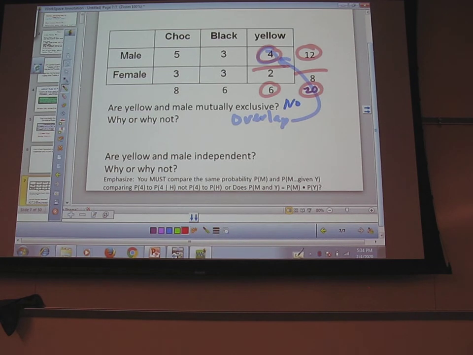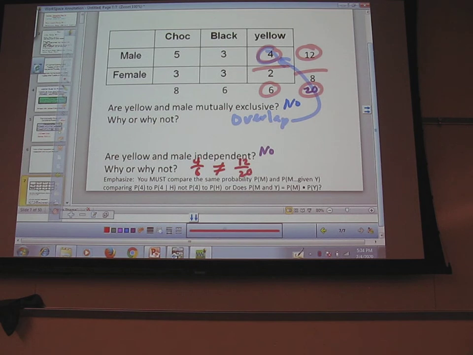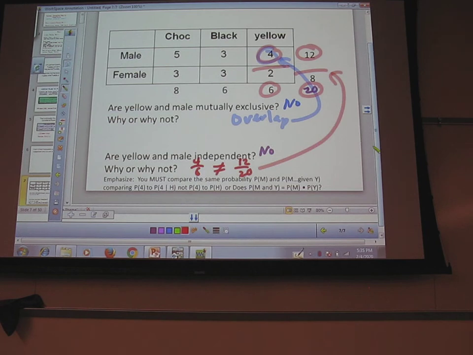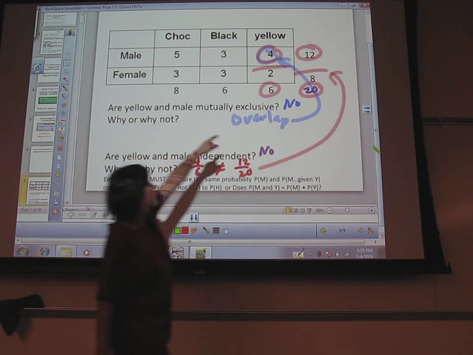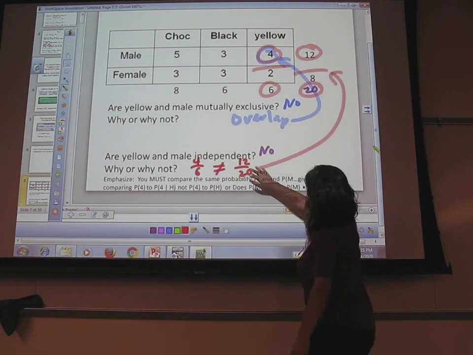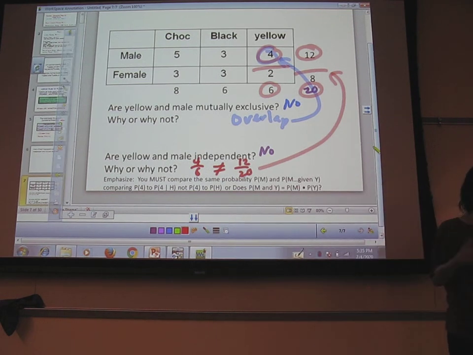So you'd say no, because 4/6, that's this one right here, is not equal to 12/20. Does everybody kind of follow where those came from? All right, so find your ratios. 4/6, 12/20. Those are not equal. That's the simplest way of finding it.